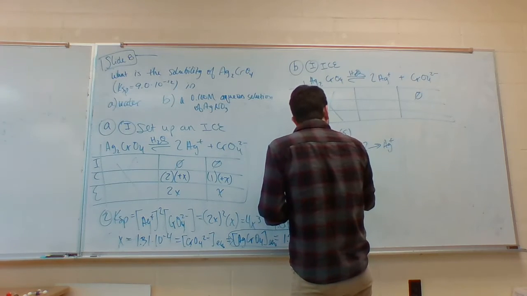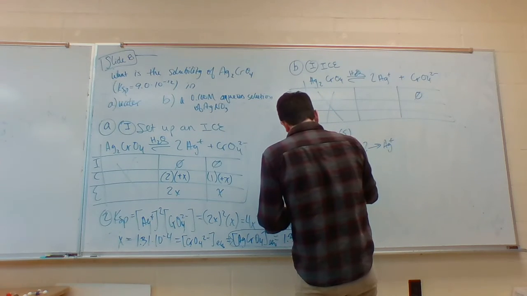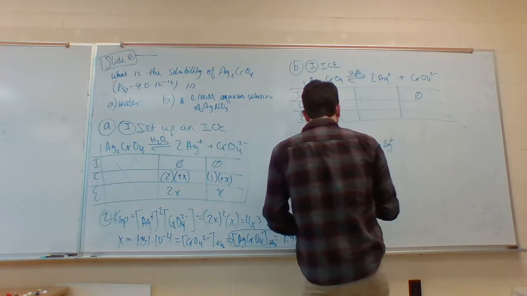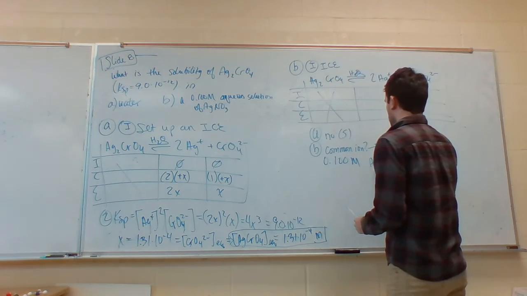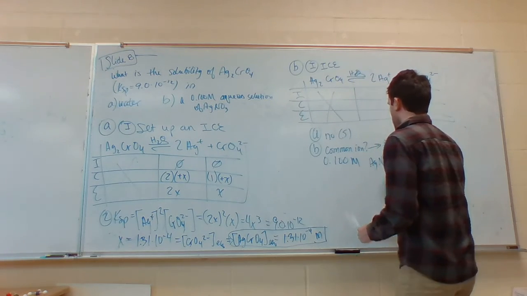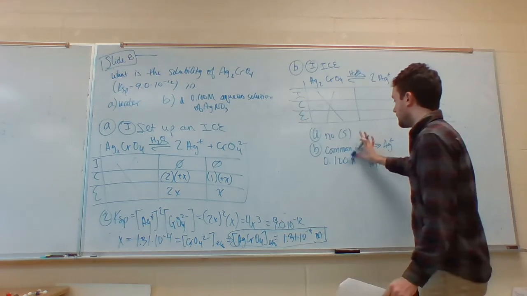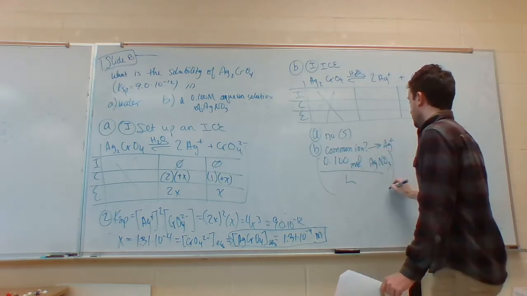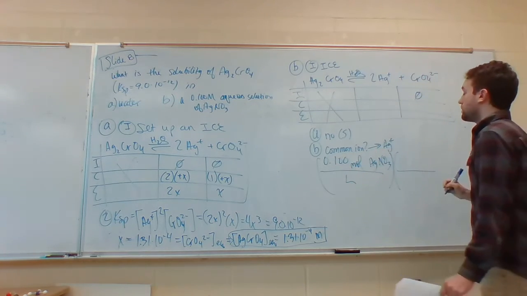Now we will take 0.100 molar silver nitrate, right? We know that molarity is moles per liter, and we'll convert this into silver.